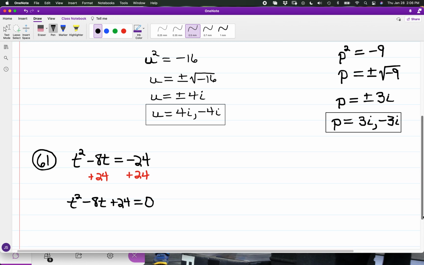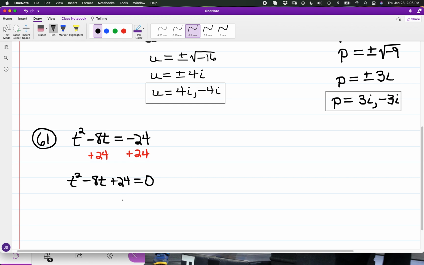And now for this particular trinomial, I cannot factor it into real integer coefficients. If I think of trying to factor by grouping, here you have 1 times 24 is 24, but there are no factors of 24 that will add up to negative 8. You might think of negative 24 and negative 1. Those add up to negative 25.